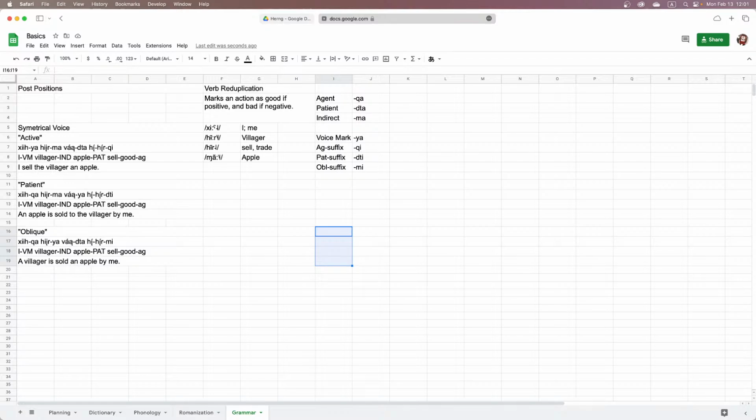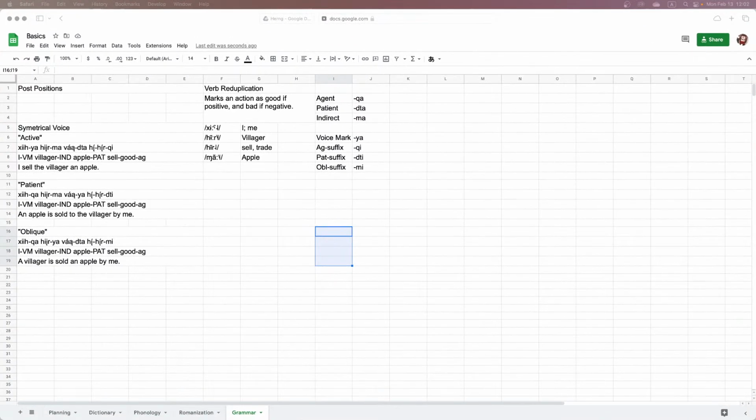We also decided on symmetrical voice, also known as Austronesian focus marking or Austronesian voice. And we have decided on four markers for the nouns so far.